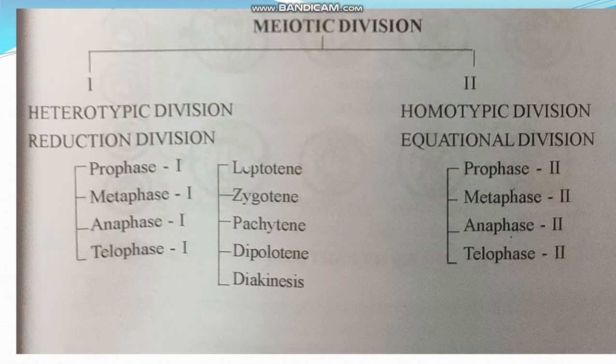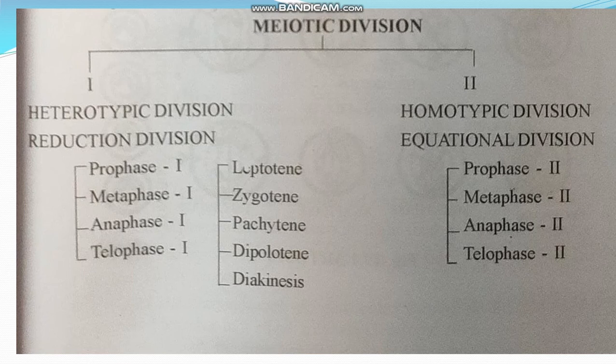So, the meiotic division is divided into two types. One is heterotypic division or the reduction division, and the second one is the homotypic division or the equational division. Heterotypic division is divided into prophase 1, metaphase 1, anaphase 1 and telophase 1.